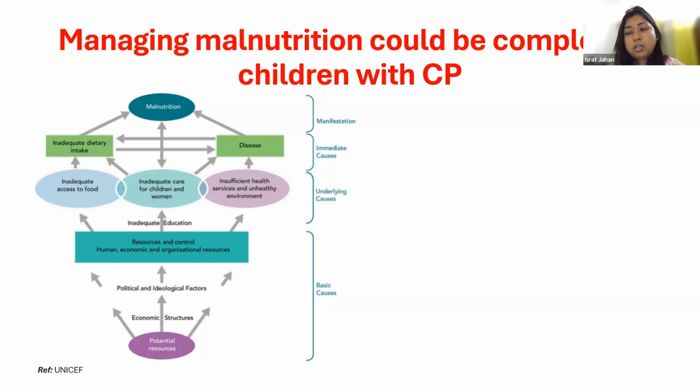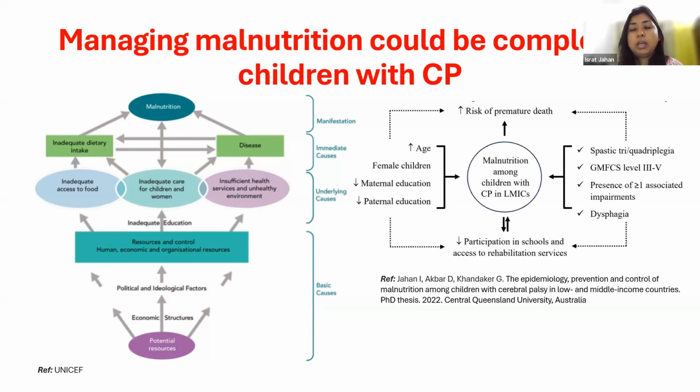In addition to that conceptual framework, as part of my PhD, we also developed, it's not really a framework, but a summary of the findings from GLM-CPR epidemiological data. And we drew a diagram to understand which factors actually increase the risk of malnutrition in children with CP.